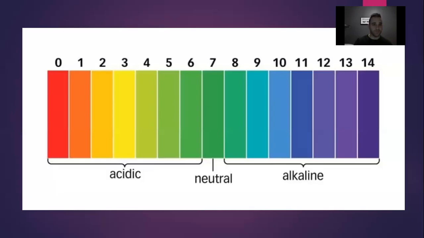Okay, so most of us, if not already, have seen videos or are aware of the pH scale. It's from 0 to 14, with 7 in the middle, which represents neutral.